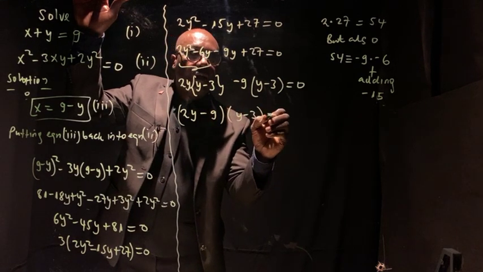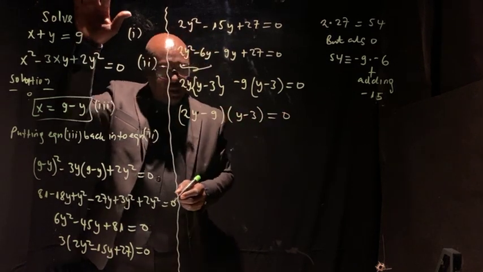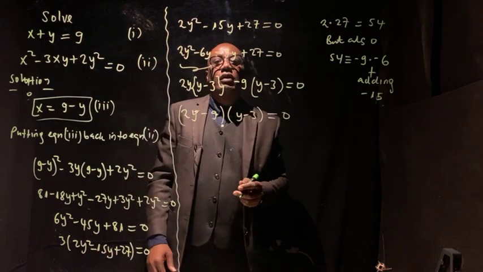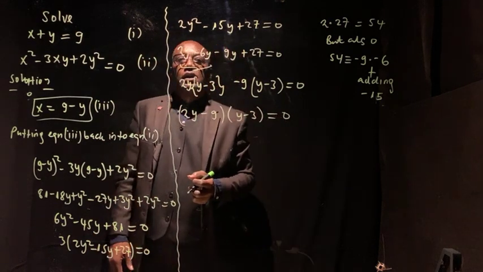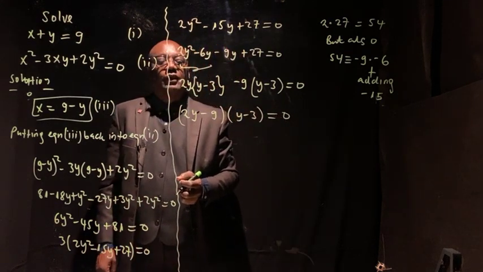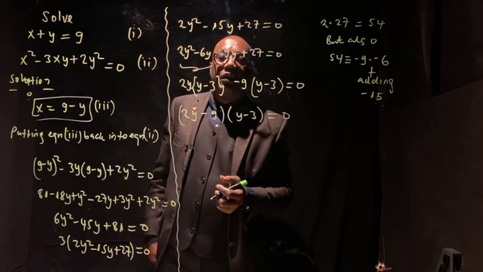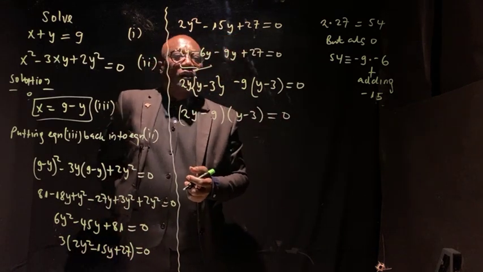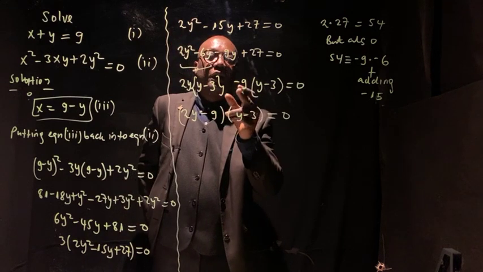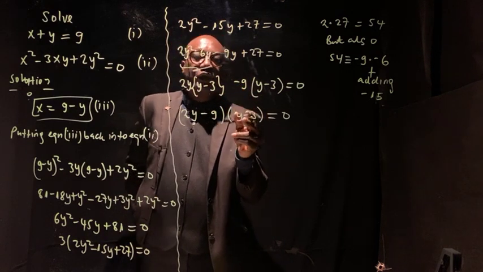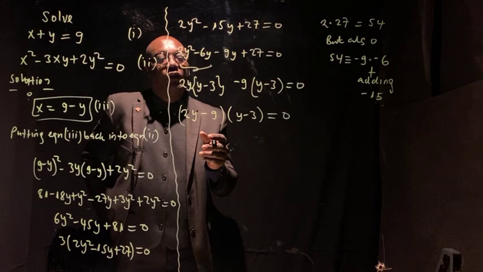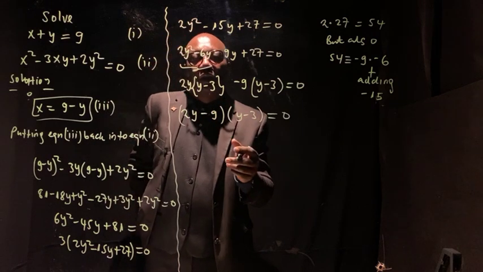minus 3. In fact, this is the quadratic equation, the solution of the quadratic equation that we did in the previous chapter. We did an extensive work on that. So if you find it a little bit confusing, you can refer to those tutorial videos.